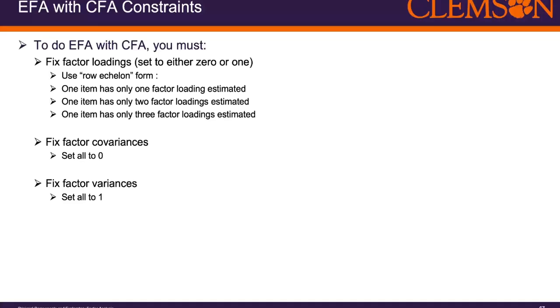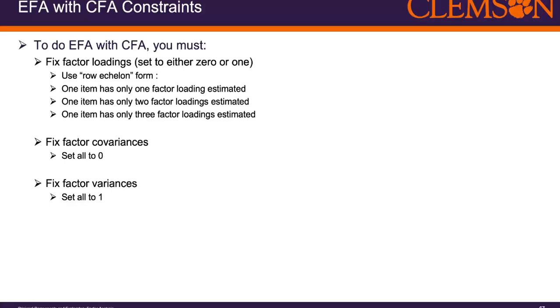Dimension 1 would have all factor loadings estimated. In dimension 2, the first item would have a 0 for the factor loading on that factor, but the rest would be estimated. So basically, you're saying item 1 only measures factor 1. For dimension 3, the first and second items would have 0 loadings. The rest would be estimated. And for dimension 4, the first, second, and third items would have 0 factor loadings. The rest would be estimated.